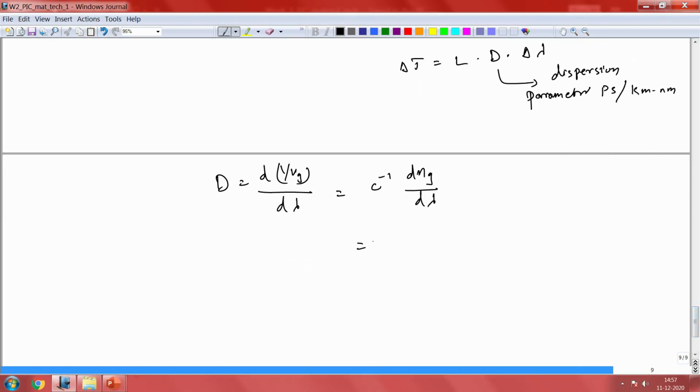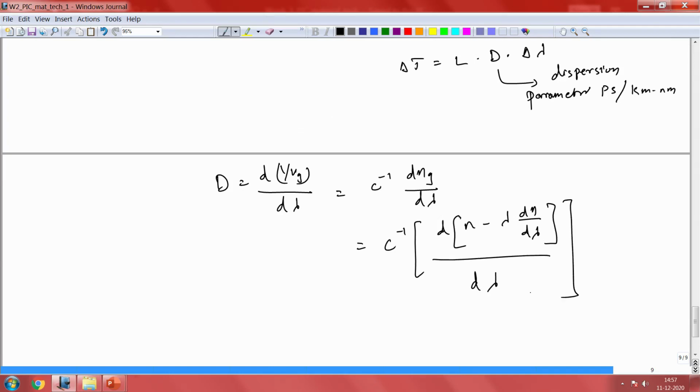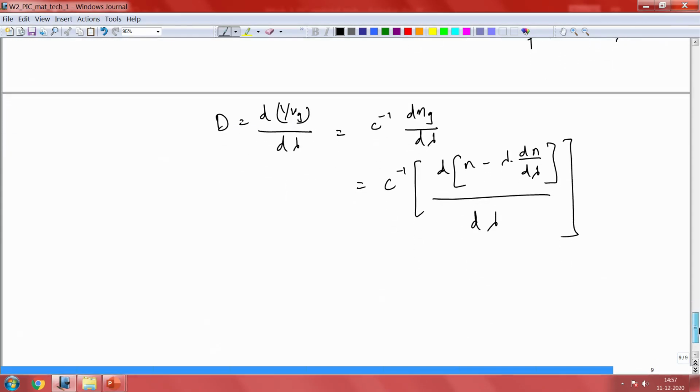So, we already know that the group index is nothing but n minus lambda times dn over d lambda, which is something we have already seen.